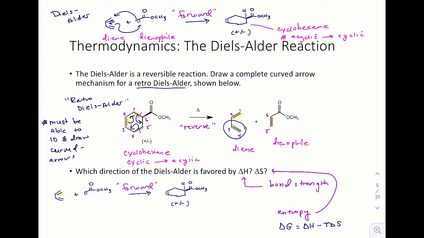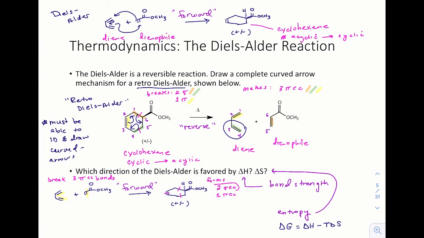Considering the forward direction first, 3 pi bonds are broken in the starting material, but 2 sigma bonds and 1 pi bond are formed in the product. The reverse direction would of course be the opposite. 2 sigma bonds and 1 pi bond are broken, while 3 pi bonds are made in the product.